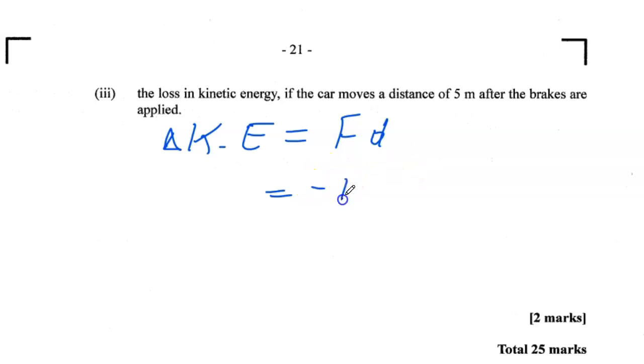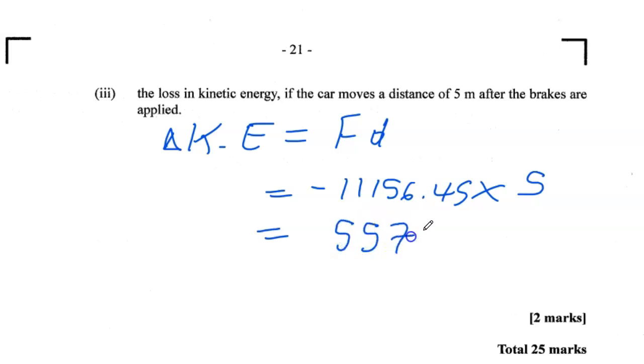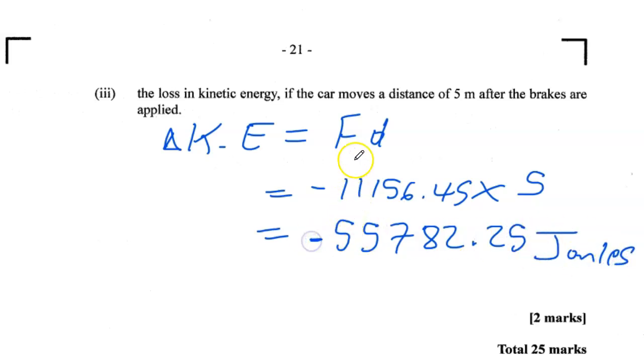So negative 11,156.45 times the distance of 5, and that works out to be negative 55,782.25 joules. And we expect it to be a negative value because kinetic energy was lost. Hence the change in KE is a negative value, indicating that KE was lost.